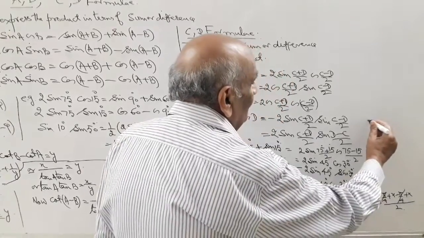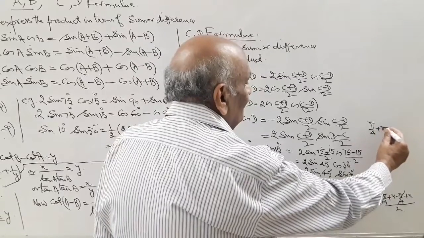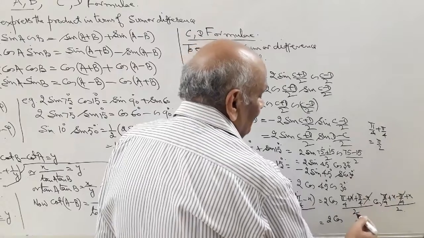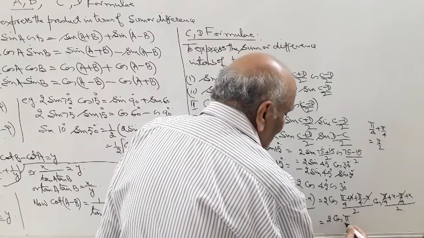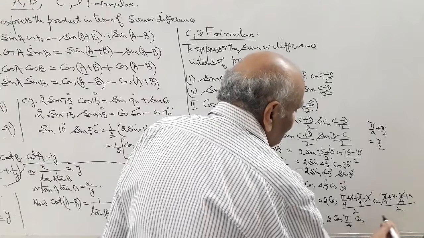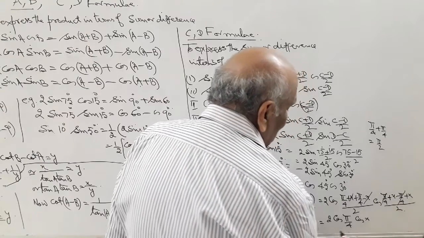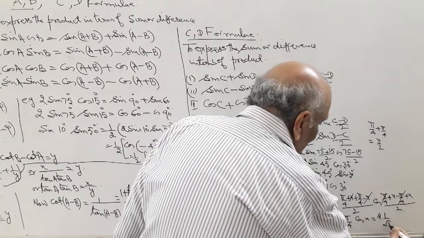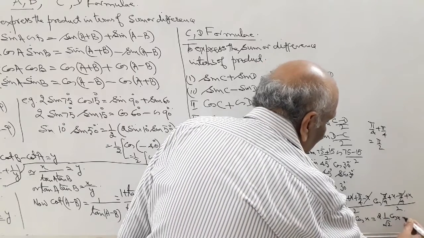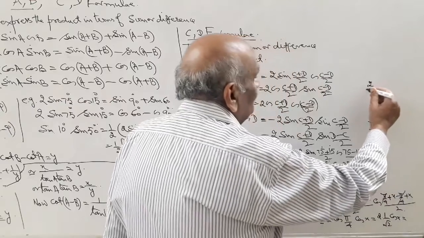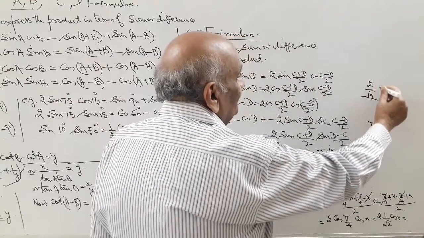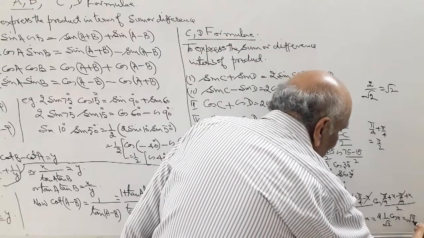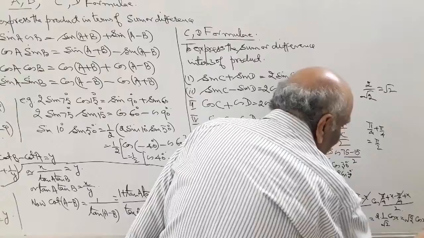It becomes pi/4. Then it is cos x. And you know it is just 2 times 1 upon root 2 cos x. You are familiar with this. This is just root 2, so it becomes root 2 cos x.